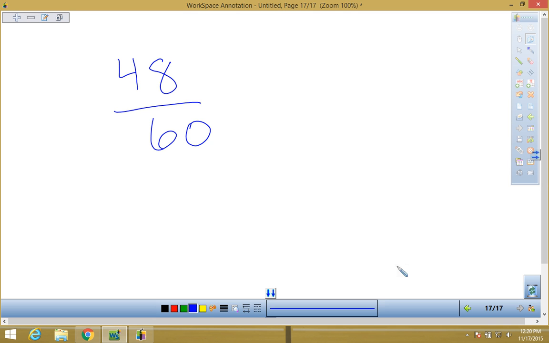Write it down. Simplify it as best you can. If you're not sure where to start, think about yesterday. Find the GCF of 48 and 60, and use that to divide into both of the numbers.